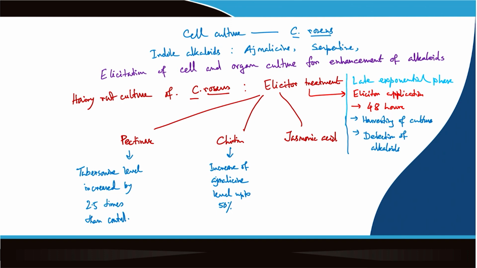When jasmonic acid was used, so jasmonic acid is basically a signal transducer in defense response. So, it basically increased specific yield of ajmalicine by 80% and serpentine by 60%.